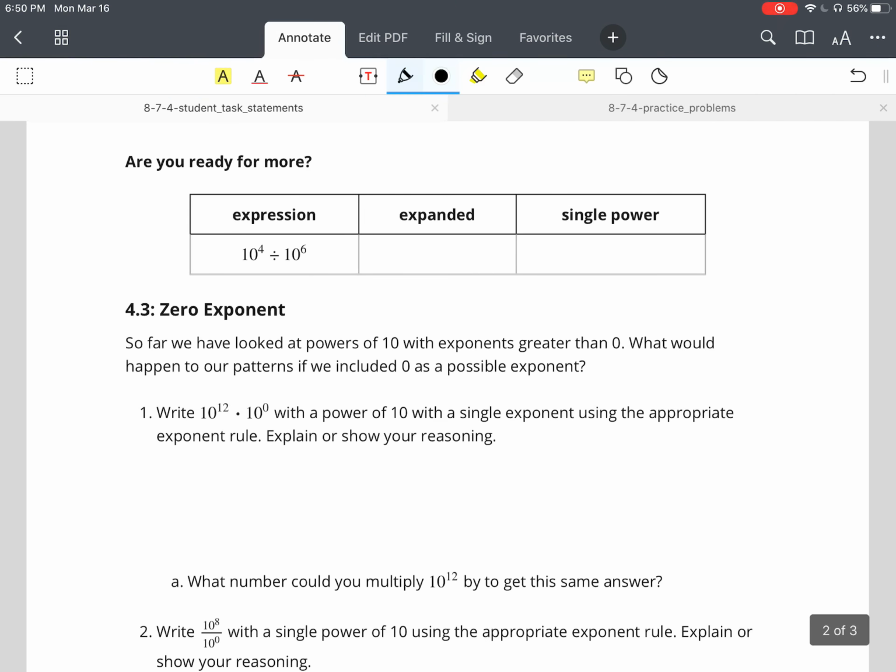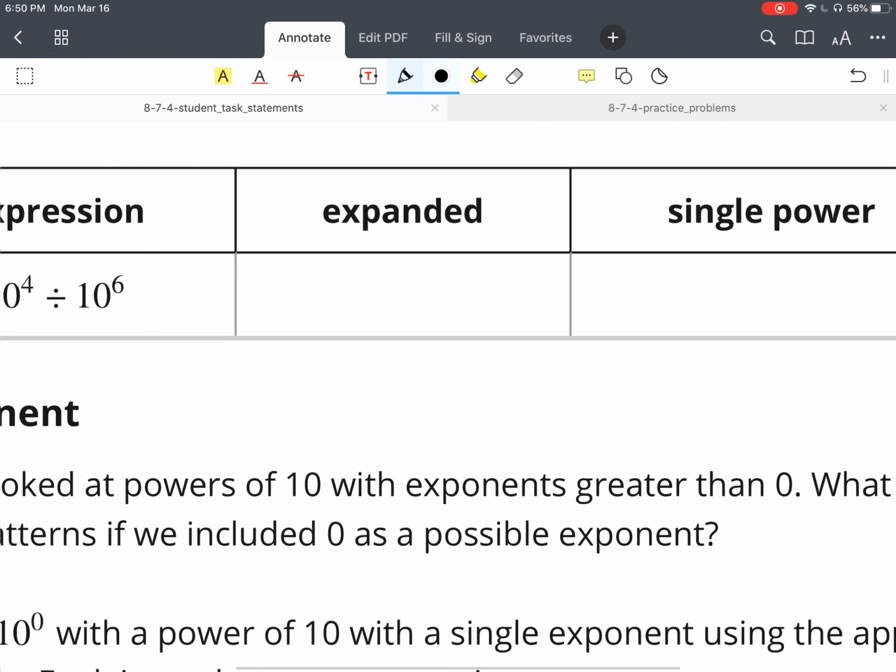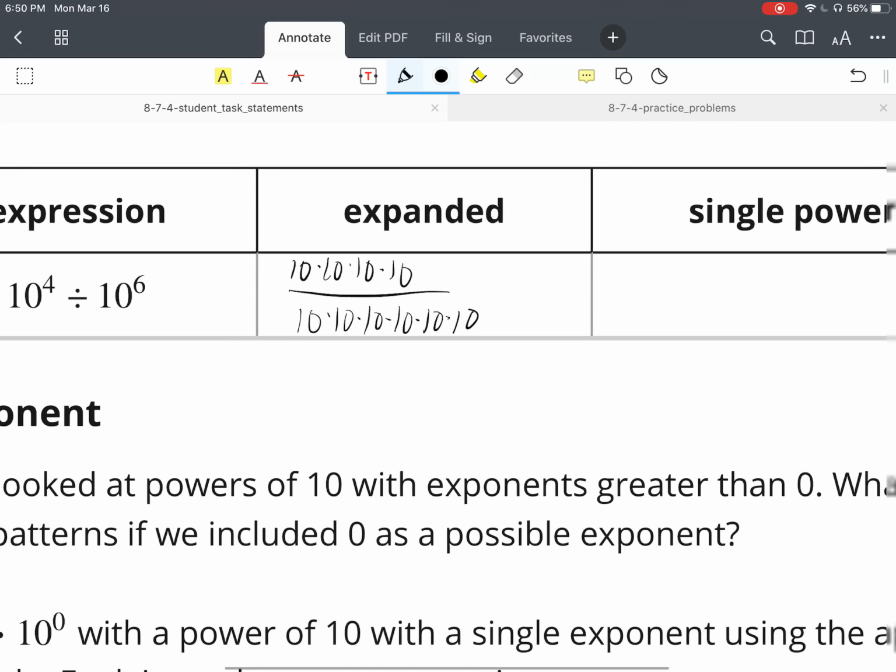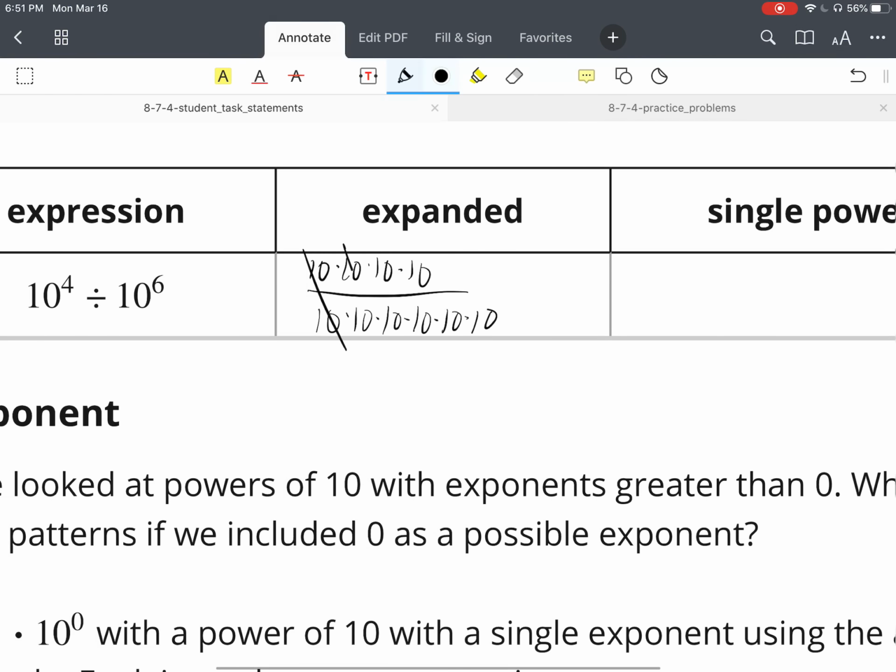Are you ready for more? Heck yeah! So, this is tricky. Let's zoom in to make things easier. We're going to have 10 times 10 times 10 times 10 over 10 times 10 times 10 times 10 times 10 times 10. How many will cancel? 4.